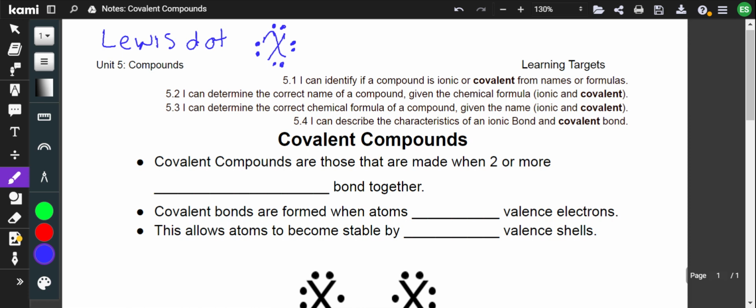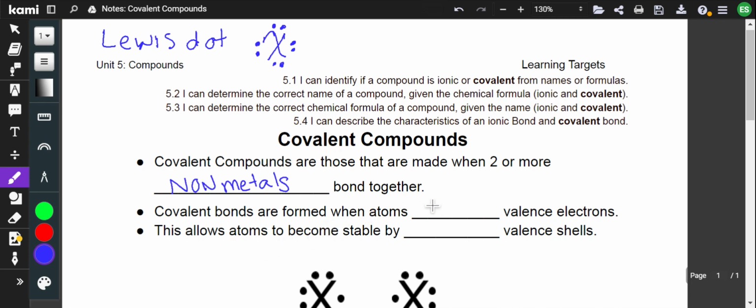So covalent compounds, covalent is just a specific type of compound, and that's when two or more non-metals bond together. That's what makes a covalent compound a covalent compound. Co meaning that they're sharing valence electrons. Covalent, sharing electrons.